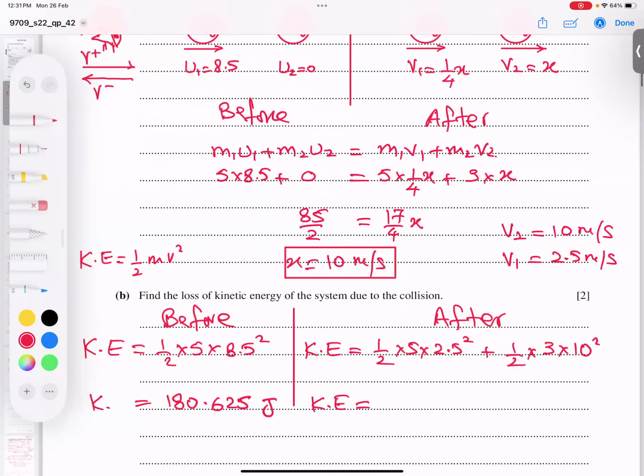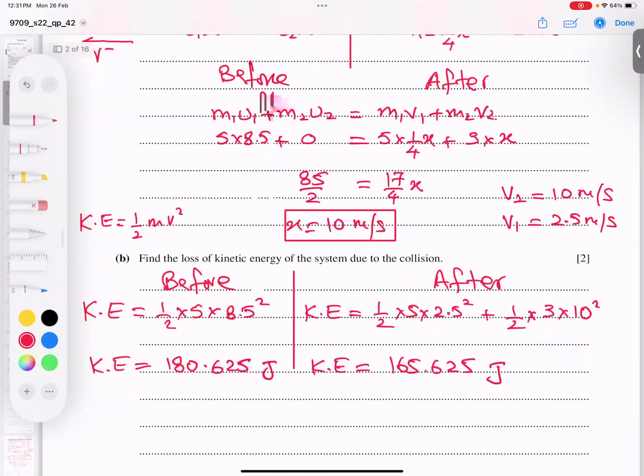Half times 5 into 2.5 squared plus half into 3 into 10 squared. This is coming 165.625 joules. And how much difference is coming? Because he said loss. Naturally, before collision it is bigger and after collision it is smaller, so naturally a loss is there.